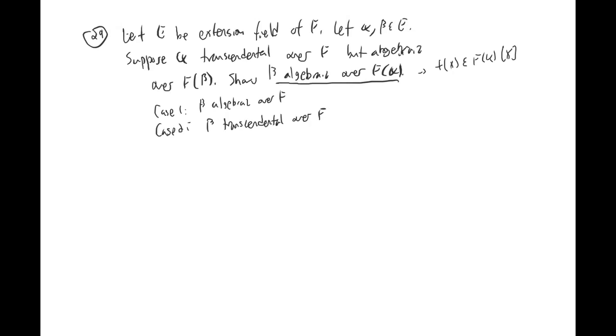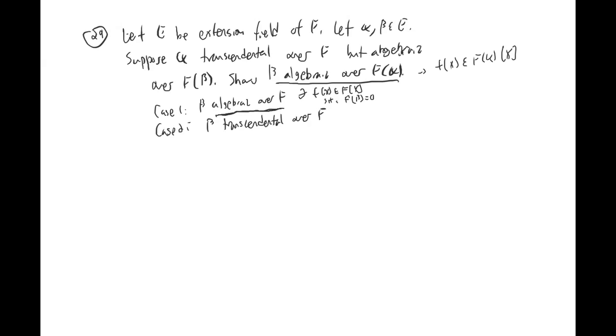Now what you said is, if I'm algebraic over F, I know there exists f(x) in F[x] such that f(beta) is 0. Does everyone follow? In case one, this is what it means to be algebraic over F. Why am I done?